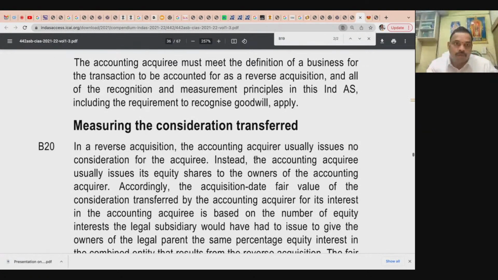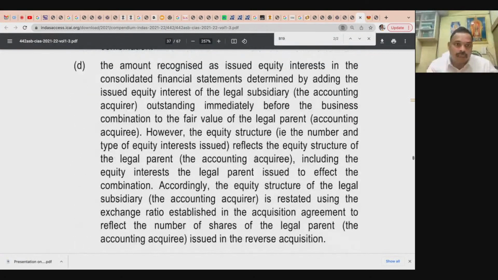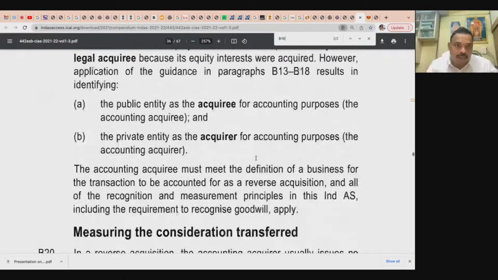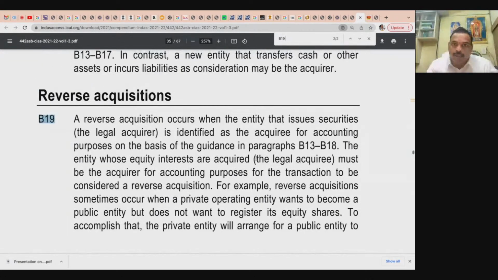Now look at this particular paragraph, B19. Reverse acquisition happens when the entity that issues securities is identified as the acquiree for accounting purpose on the basis of guidance in B13 to B18. The entity whose equity interests are acquired must be the acquirer for accounting purpose for the transaction to be considered a reverse acquisition.